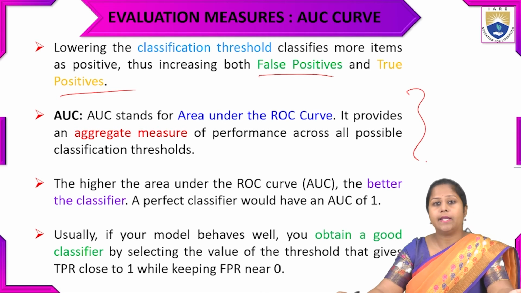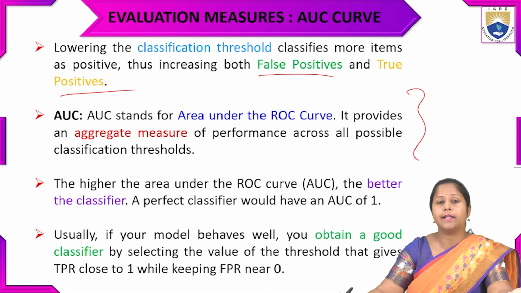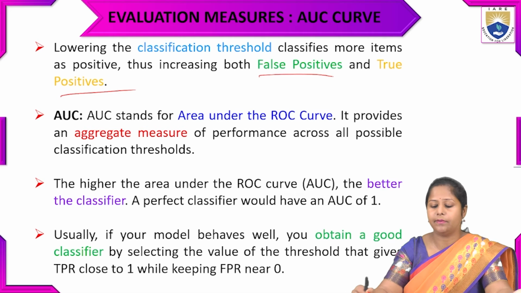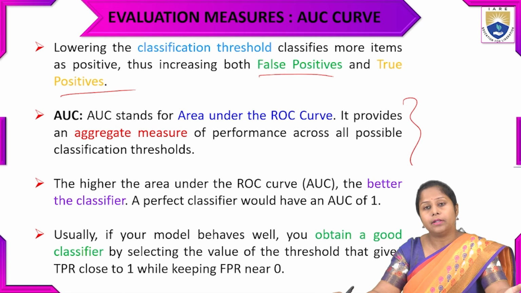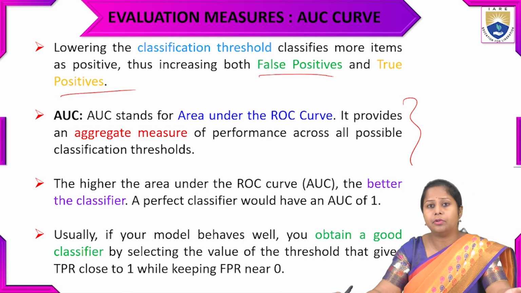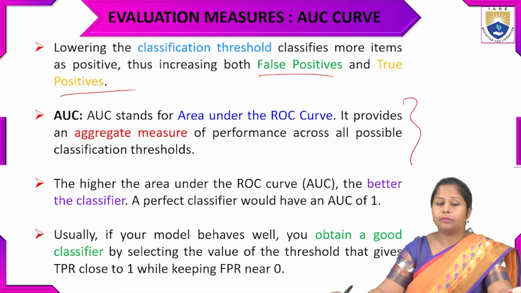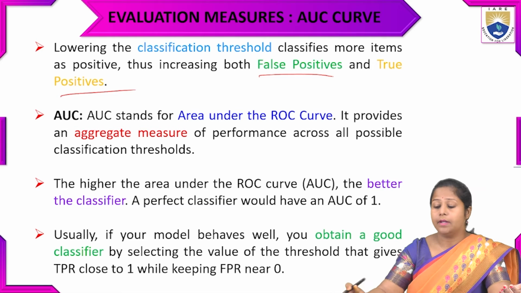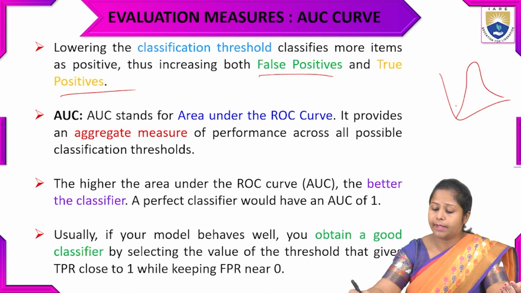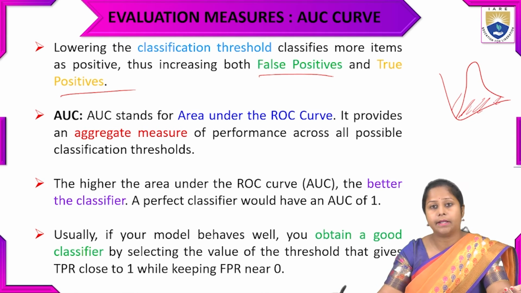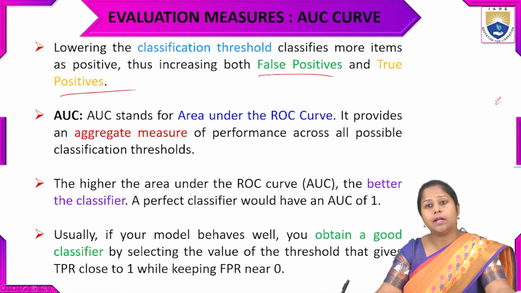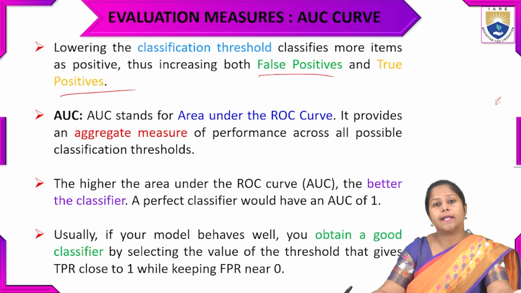Now the AUC. AUC stands for area under the ROC curve. It provides an aggregate measure of performance across all possible classification thresholds. The higher the area under the ROC curve, the better the classifier will be.